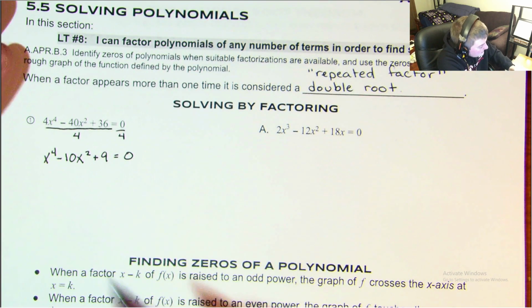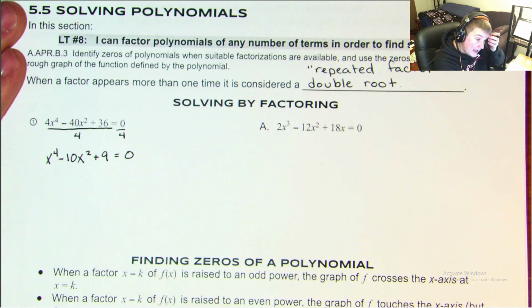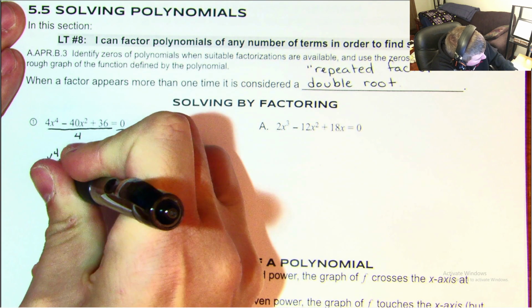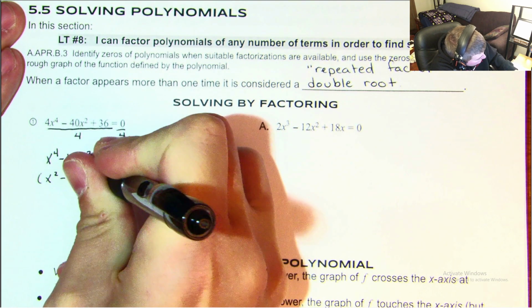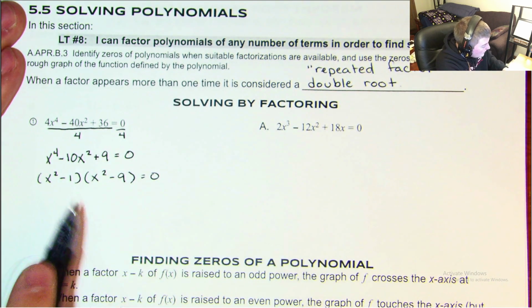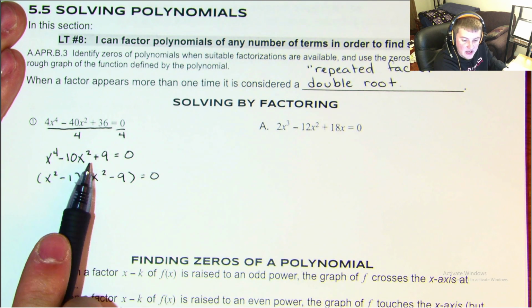Okay, so we're looking for numbers that multiply to the c value, 9, but add to the b value, negative 10. So that would have to be x squared minus 1 and x squared minus 9. Okay, negative 1 times negative 9 is positive 9. Negative 1 plus negative 9 is negative 10.